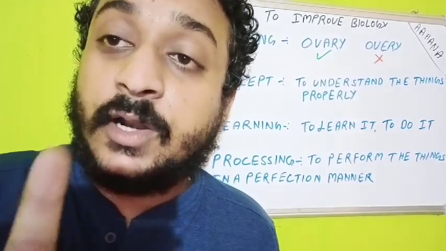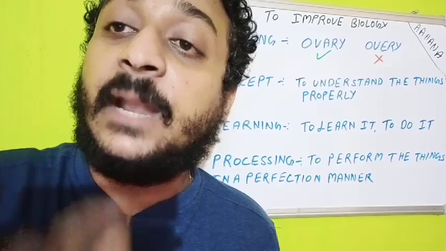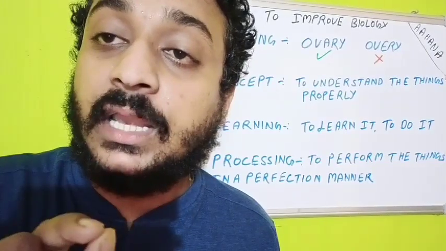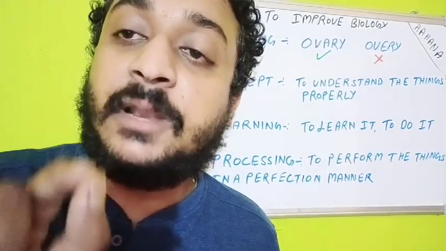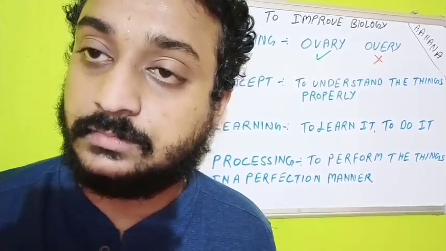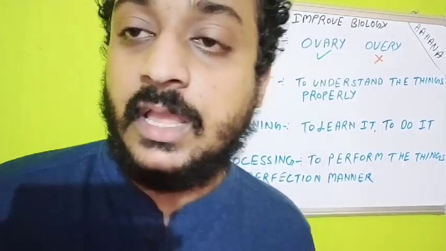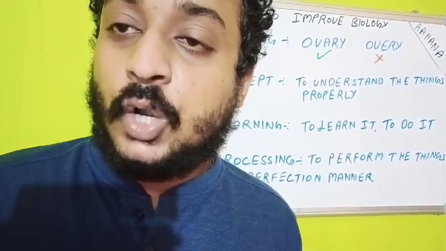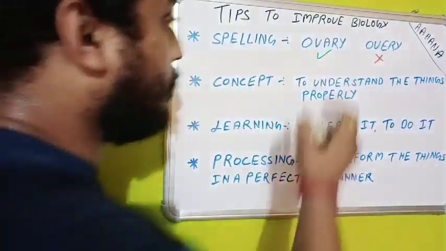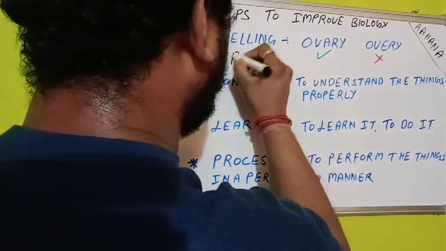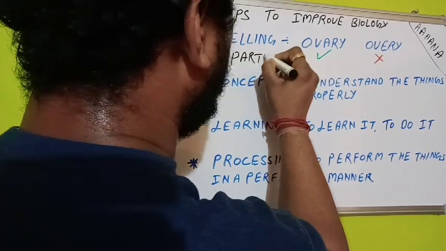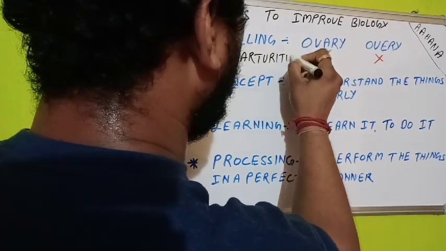The moment you pronounce the spellings in a proper manner, then automatically 90% of the spelling mistakes won't be made. For example, there is one word in biology known as parturition. Parturition, I am writing it over here. P-A-R-T-U-R-I-T-I-O-N.